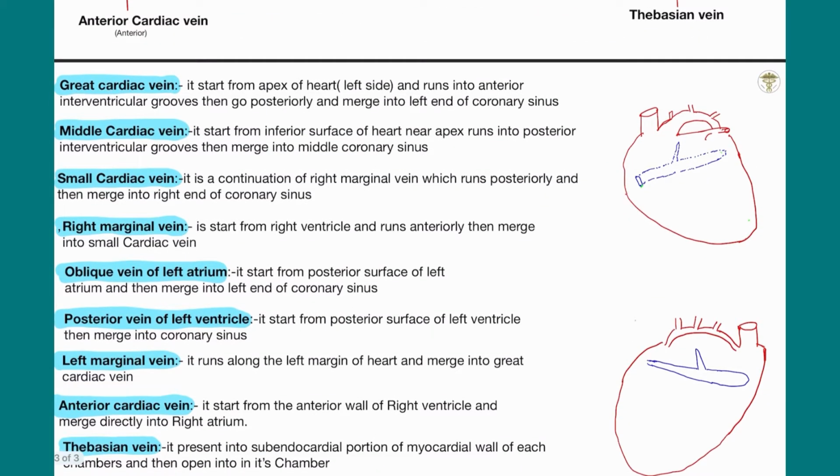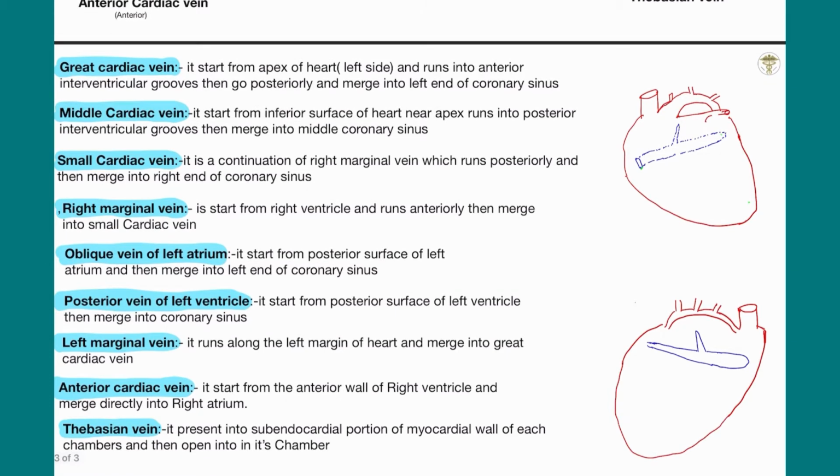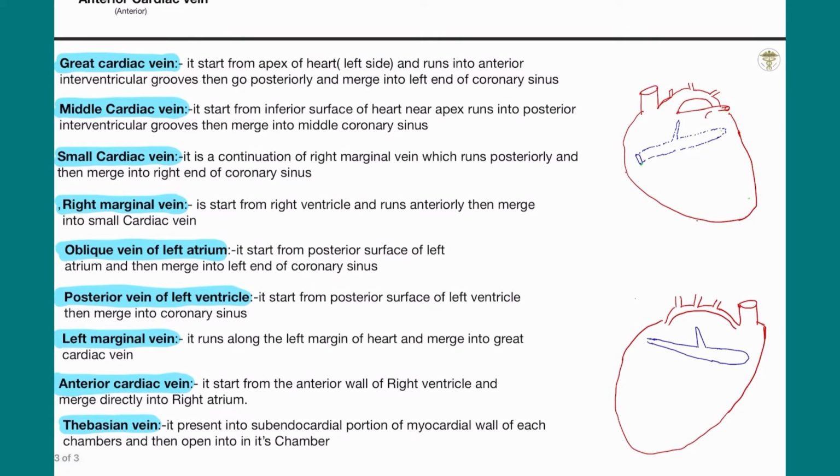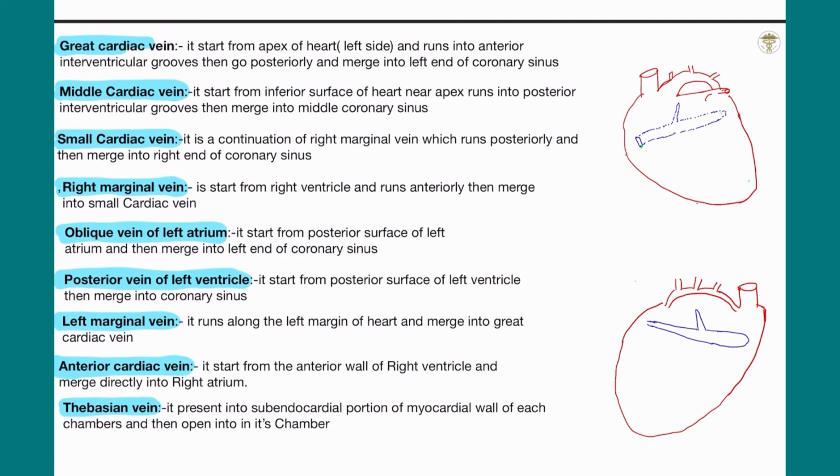I will discuss these in two parts. First of all, I will discuss the anterior view, and after that I will discuss the posterior view. Here this is the anterior view and this is the posterior view. In the anterior view, I will discuss the great cardiac vein, which is present in the anterior portion, and the right marginal vein and left marginal vein, which are also present in the anterior part.